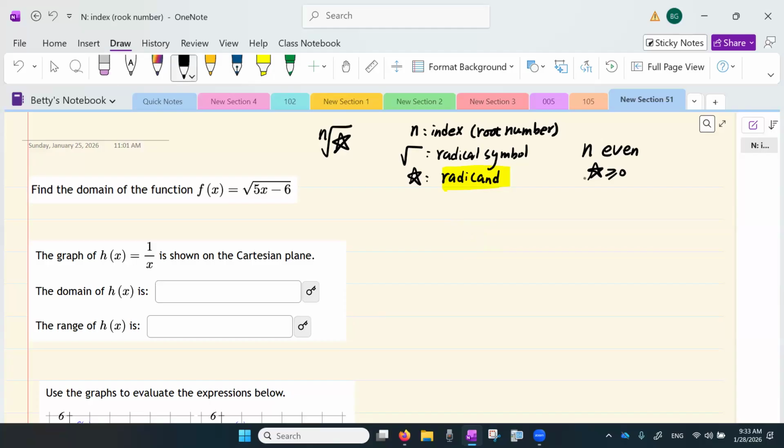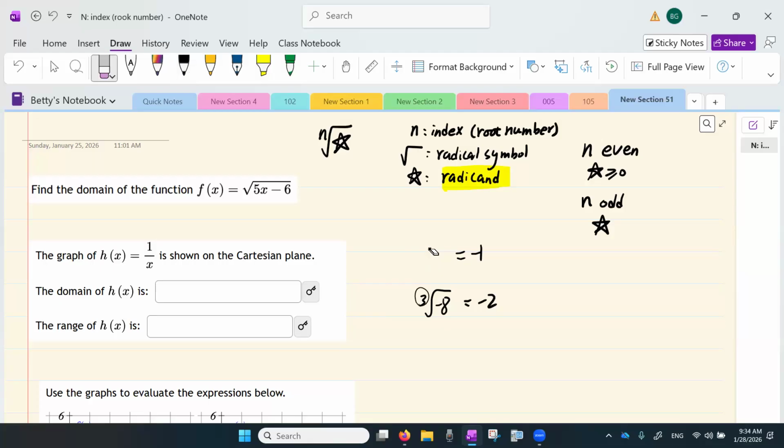Okay, but if the index is an odd number, we do not have any restriction on the radicand. The radicand could be negative, it's totally fine. For example, cube root of -1 is just -1, right? Cube root of -8 is -2. So when the index is an odd number, we do not have any restrictions on the radicand.